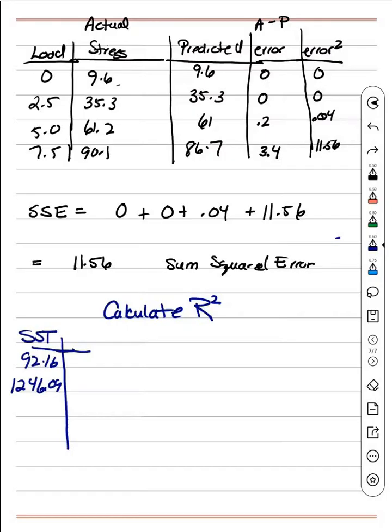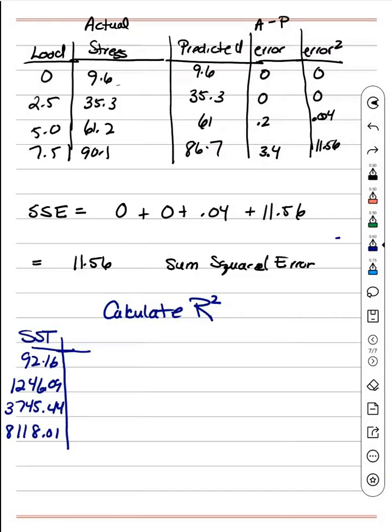Take 61.2 and square it, the numbers are going to get big, and I get 3,745.44. And then I'm going to take that last value, 90.1, and square that, and I get 8,118.01.